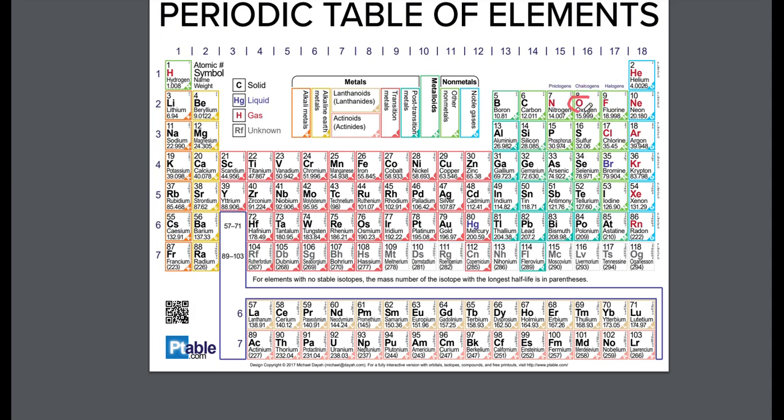Oxygen and sulfur always exist as -2. Nitrogen is -3, same thing with phosphorus. Carbon, you don't have to worry about. So that's the oxidation number for the anions, or you can also use the polyatomic ion chart.